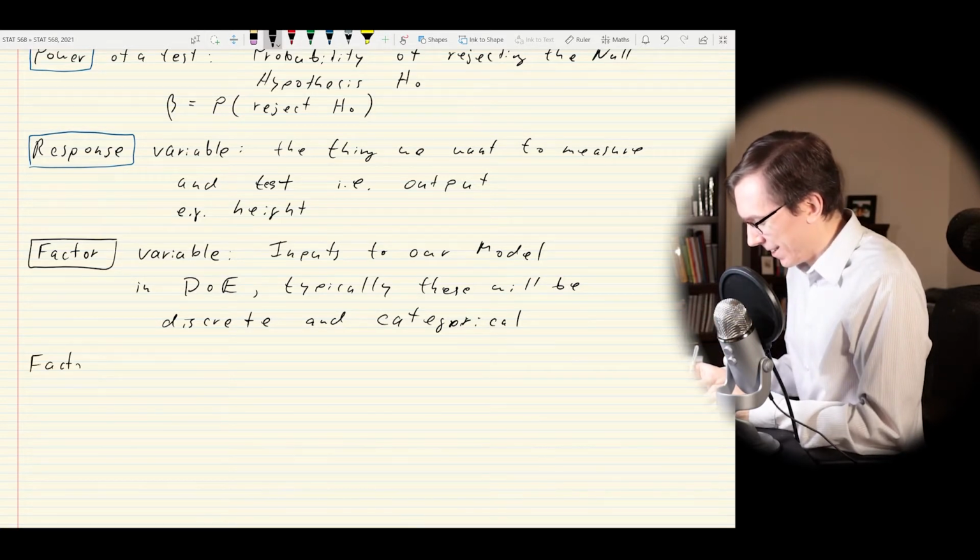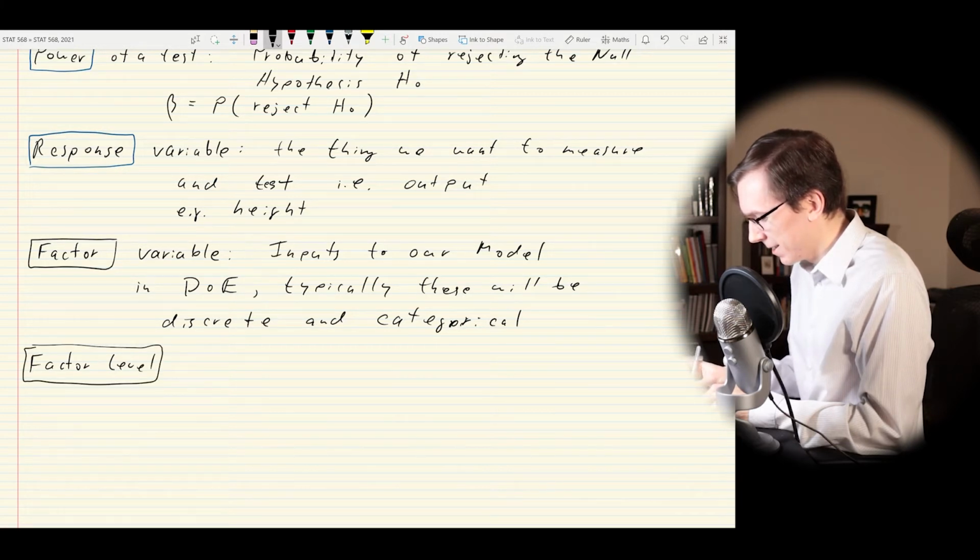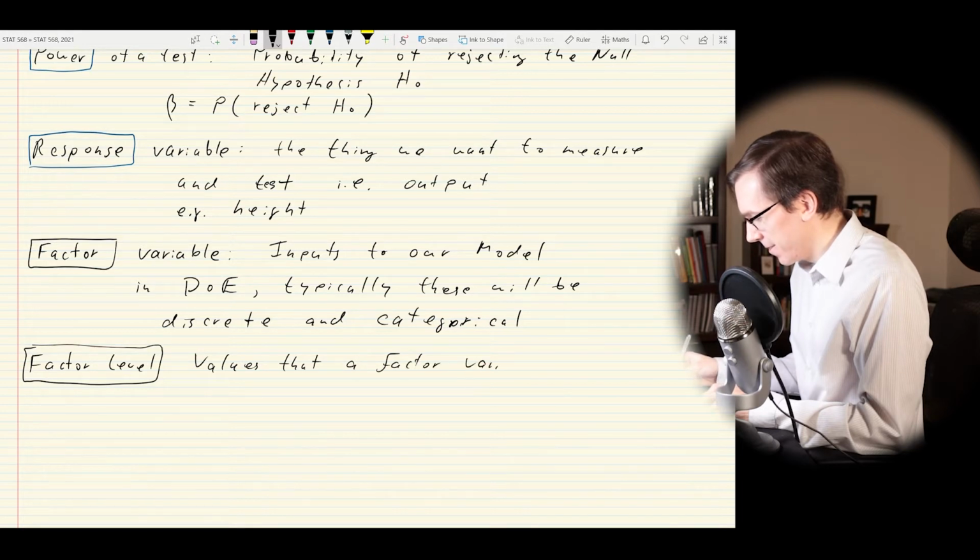So I should actually write that down. Factor level. So this is the values that a factor variable can take. Right.